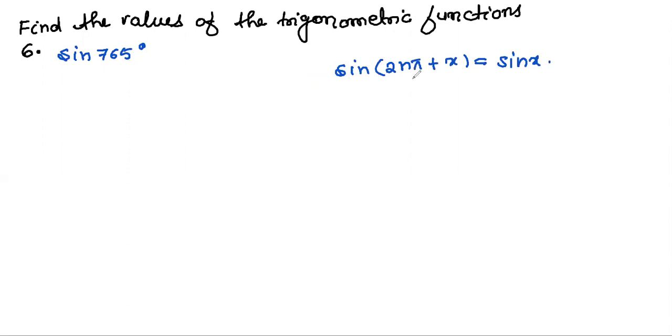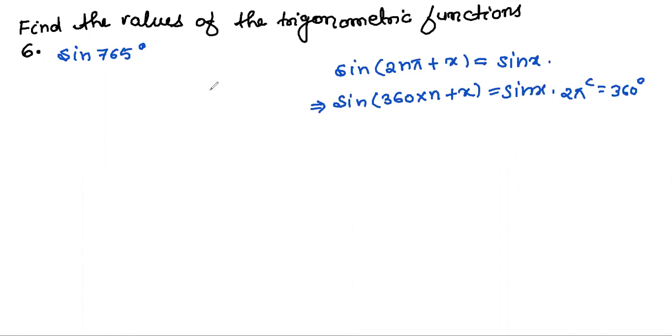Because this means we can write sine of a multiple of 360 also. We know that 2 pi radian equals 360 degrees. So in terms of degrees, we write it as sine of 360 into n plus x, and this equals sine x. So I'm going to solve it directly by degrees only.